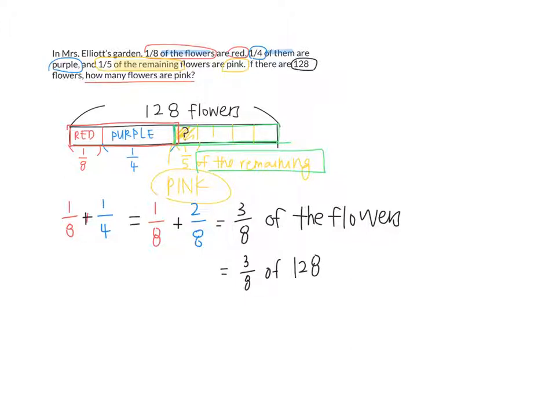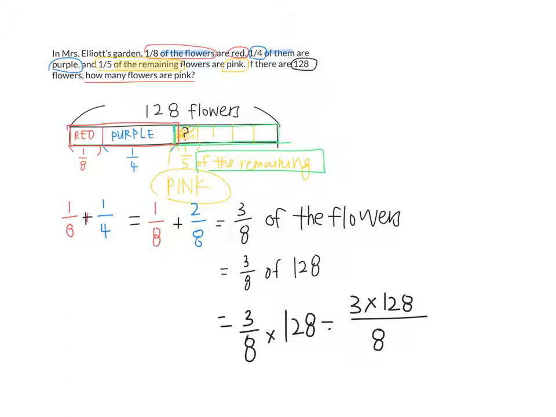Everyone? 3/8 times 128. That's the same as 3 times 128 over 8. Now, I don't know if 128 and 8 are both divisible by 8, but I do know they're both divisible by 4 because 128 is divisible by 4 and 8 is also divisible by 4.